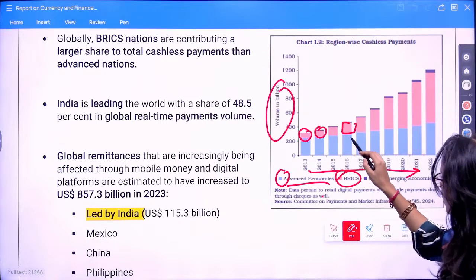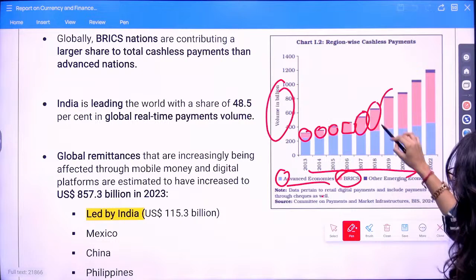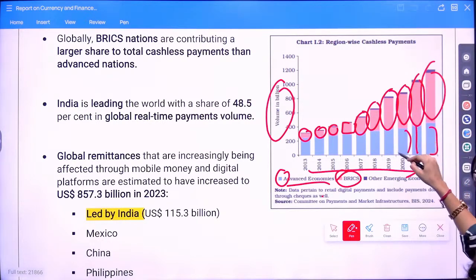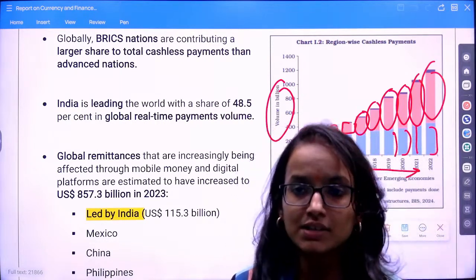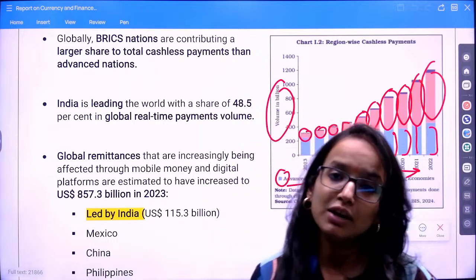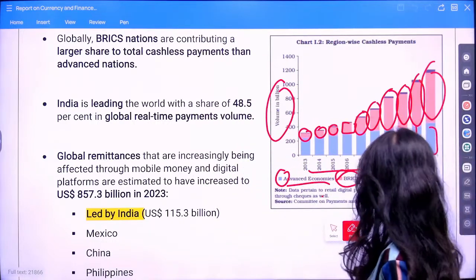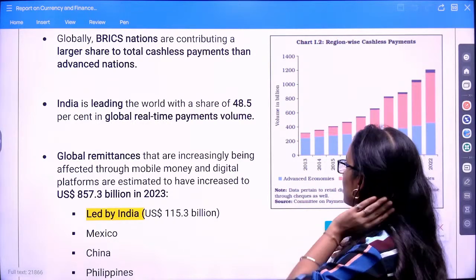Now you see the share of BRICS nations has constantly increased in terms of volumes in cashless payments as compared to the sky blue one, which is advanced nations. So remember that even in comparison to the advanced nations, these BRICS countries are contributing more in cashless payments. Remember this fact, and this figure will help you remember it.